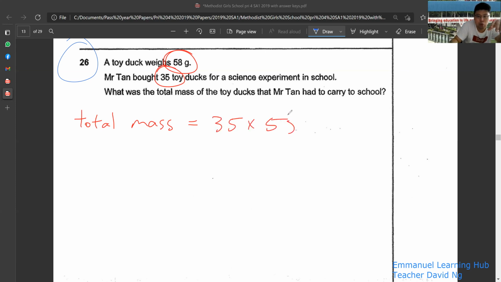When you read a question, you try to sieve out important information. They already tell you the weight of one toy duck. A toy duck means there's one toy duck only. So 58 grams. Then he bought 35 toy ducks. So each toy duck is 58, right? So total mass is 35 times 58. So what is 35 times 58?